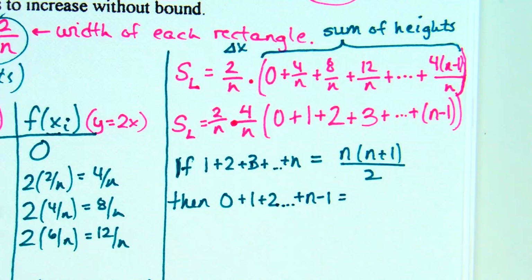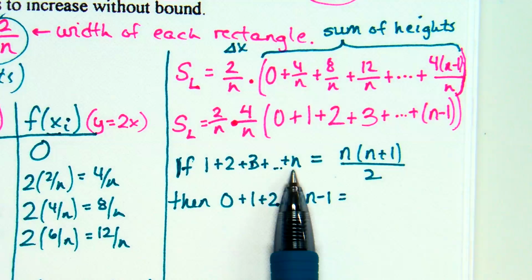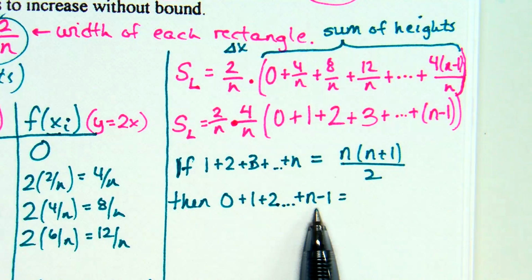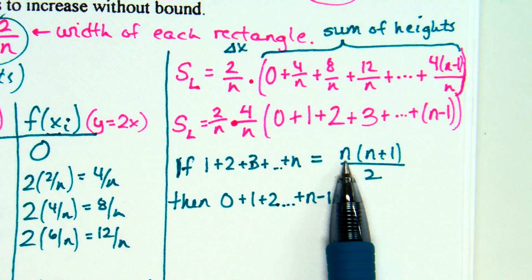This normal expression says n plus 1. Instead of n, it's going to be n minus 1. But what's n minus 1 plus 1? n. And then it's still all over 2. So because ours is slightly different, we're going to use that right there. Basically, if it was right endpoints and it went from 1 to n, we would use the given.